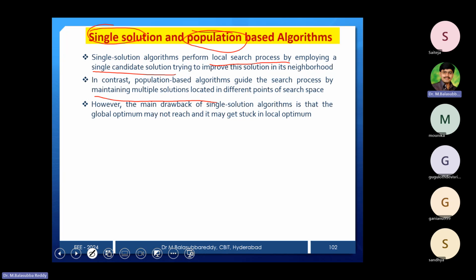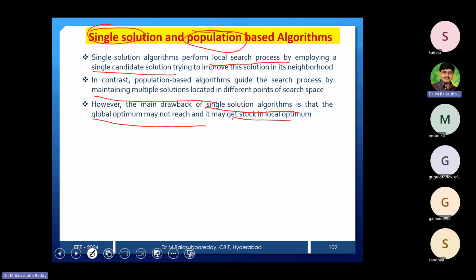However, the main drawback of single solution is that the global optima may not be reached and it may get stuck in the local optima. Because, as I mentioned in one of the slides in the last class, there is a difference between local optima and global optima. In each iteration, whatever solution we get is treated as a local optima.